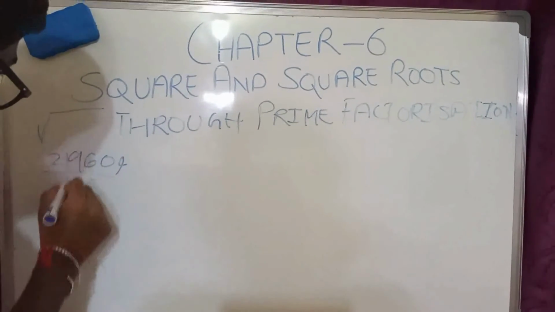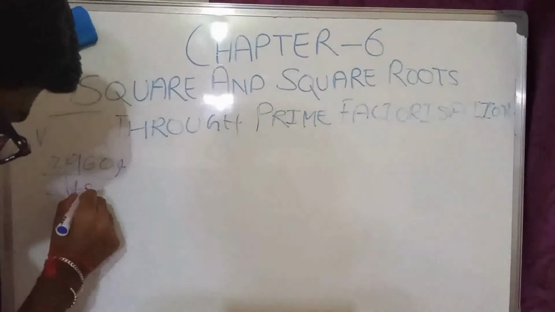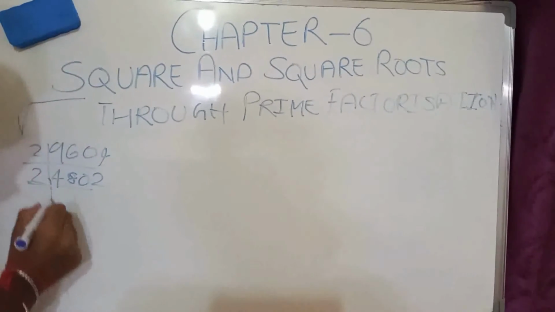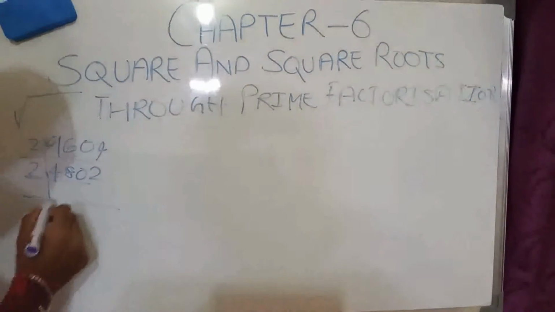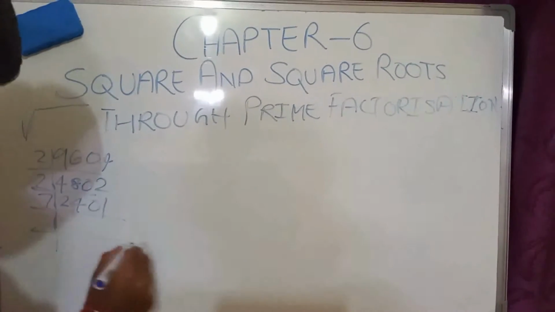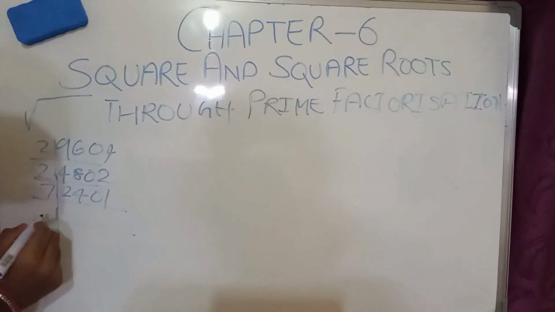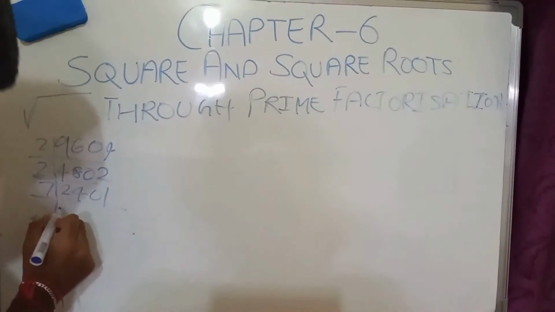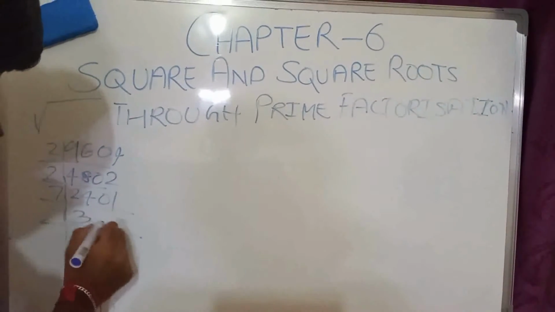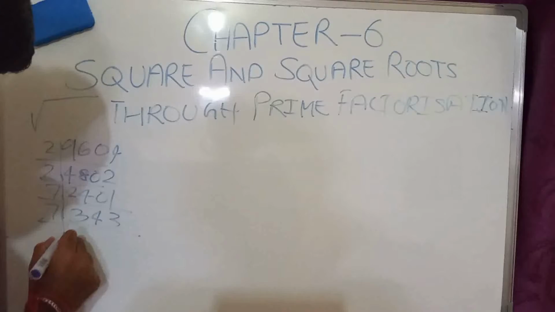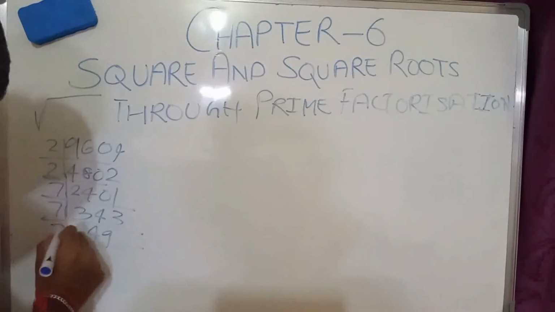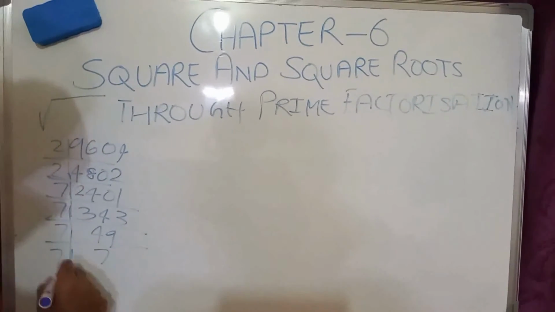9604 divided by 2 is 4802, divided by 2 is 2401, and this time by 7, we get 343, this time again by 7, 49, by 7 again, we'll get 7, again 7, 1.